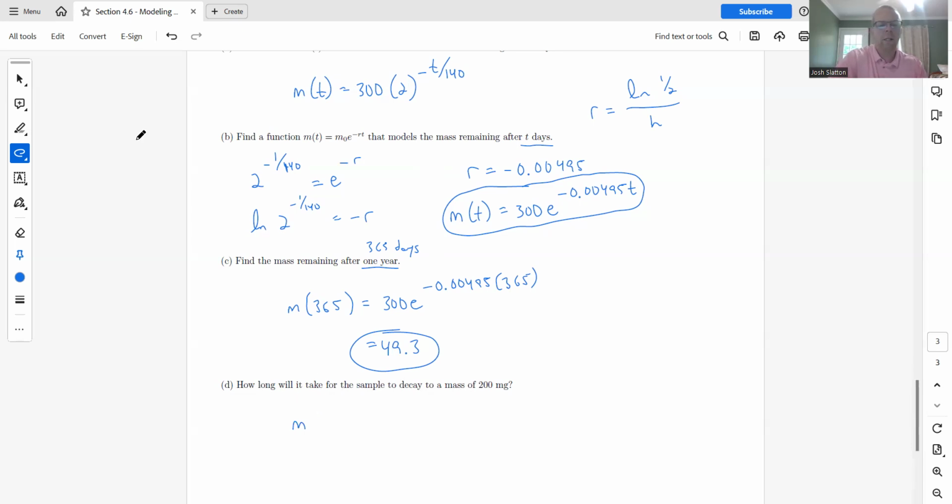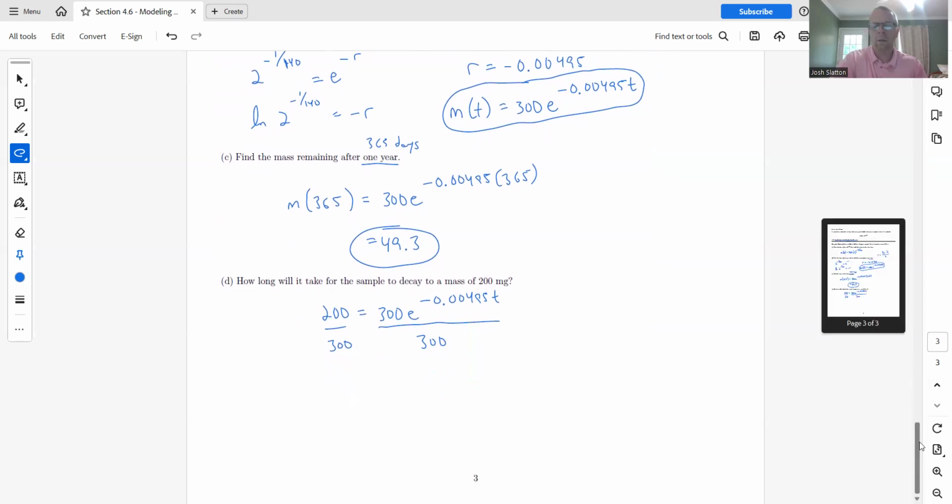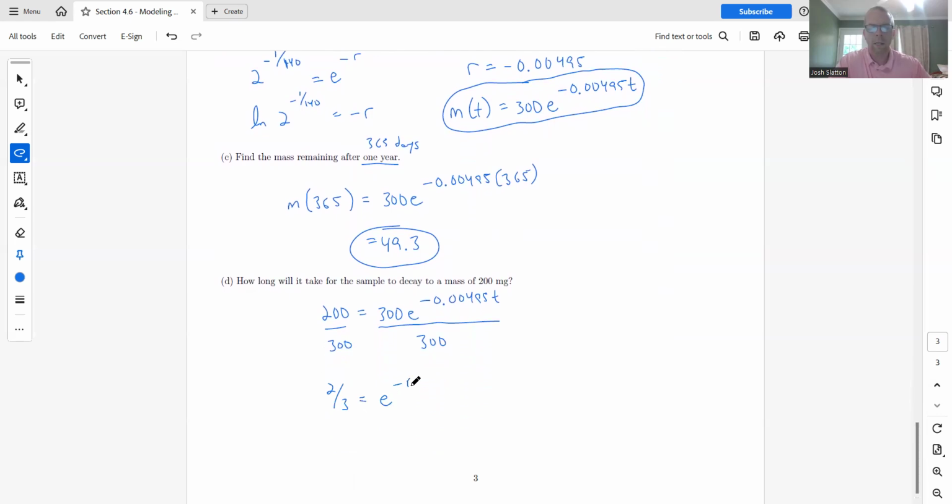So how long will it take to decay to 200 milligrams? We're going to say 200 equals 300 e to the negative 0.00495t. We'll divide by 300, so we get 2/3 equals e to the negative 0.00495t.